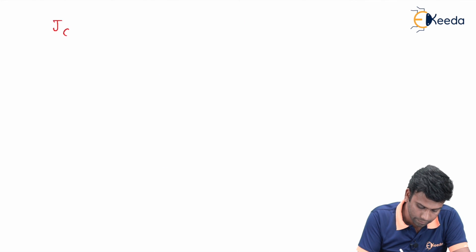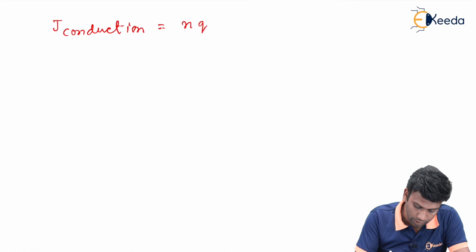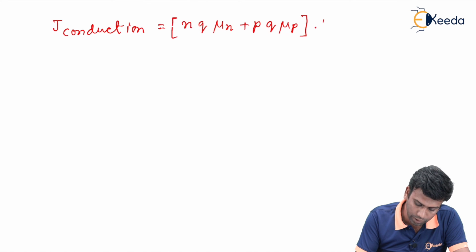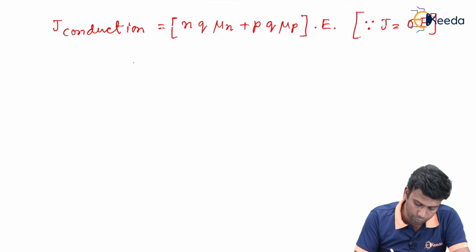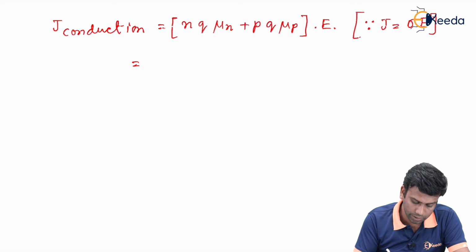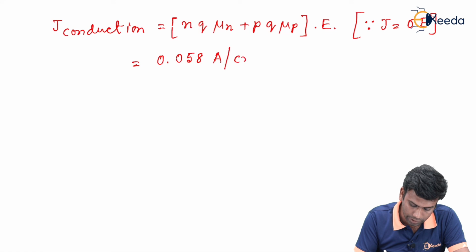The conduction current density, we know the equation, is given by (N Q mu n plus P Q mu p), which is the sigma value, into E, according to Ohm's law, because J equals sigma into E. So if we put all the values of N, Q, mu n, P, Q, mu p, which are all known, and the E value is also given, then by putting all the values in the equation we can find the value of J conduction as 0.058 ampere per centimeter square.